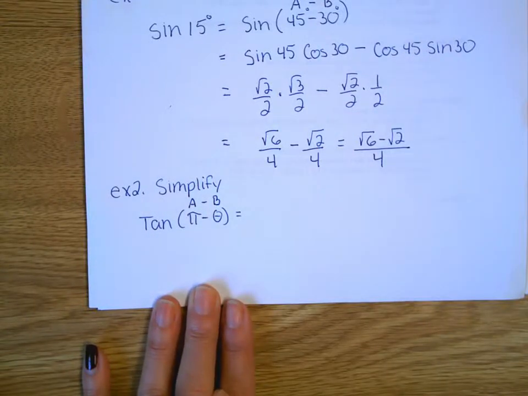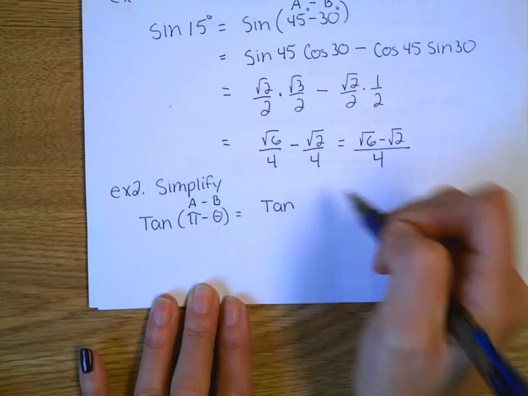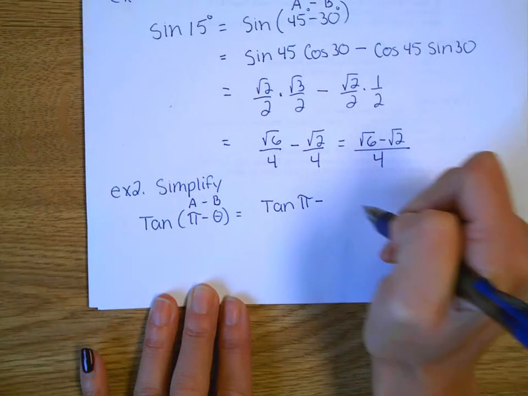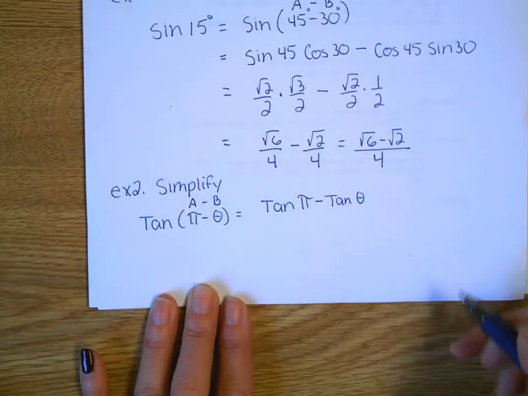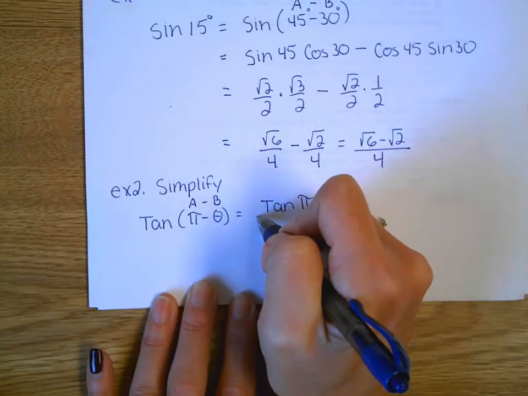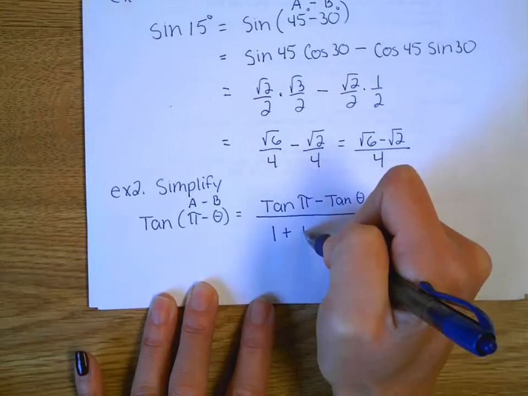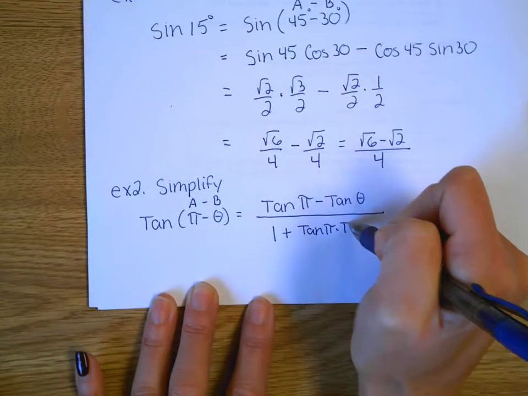If you look at the top of your notes, what does the identity say? Tan A minus tan B over 1 plus tan A times tan B. So tan of pi minus tan of theta, just substituting in pi for the A and theta for the B, all divided by 1 plus tan pi times tan theta.